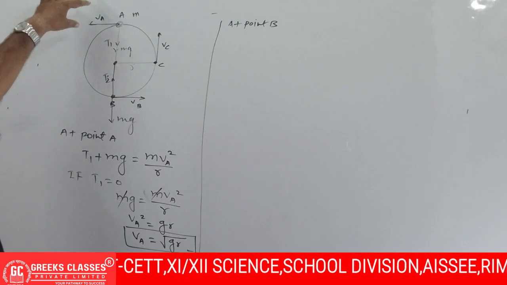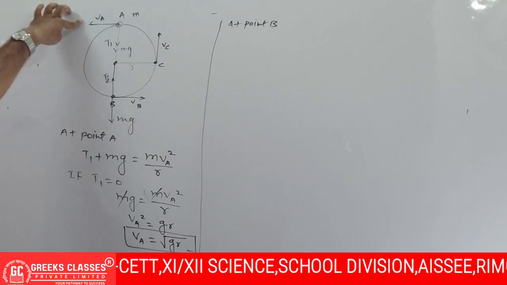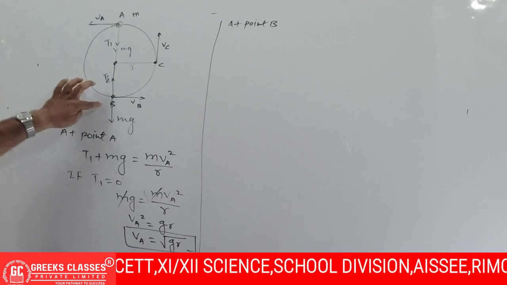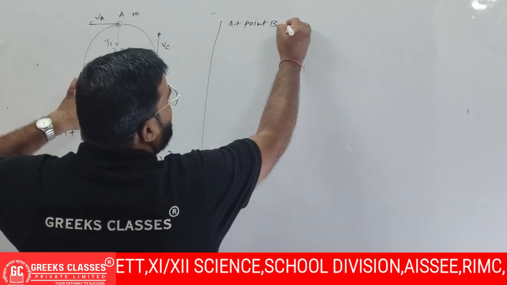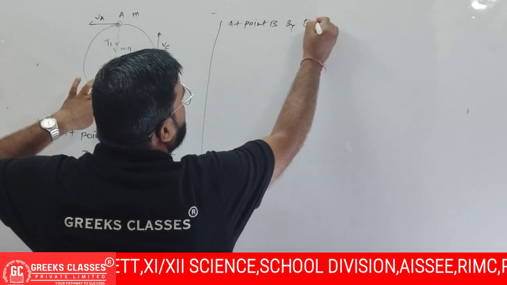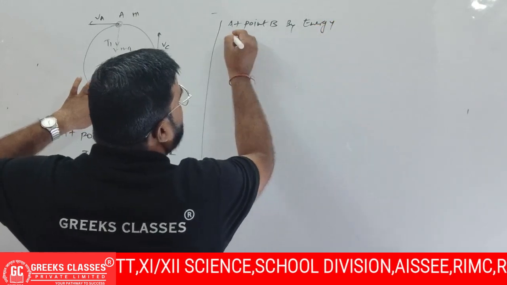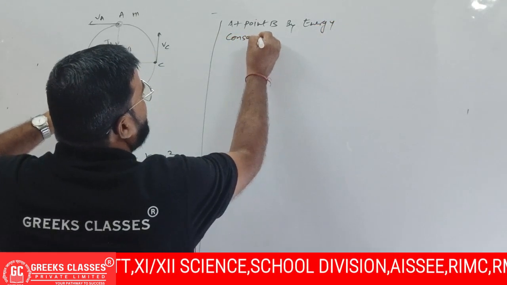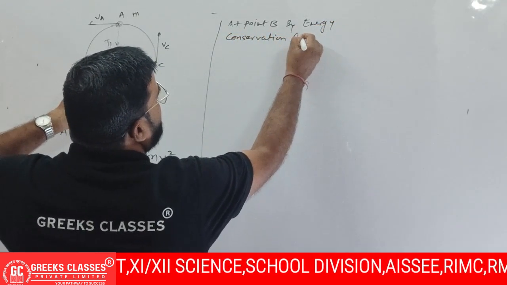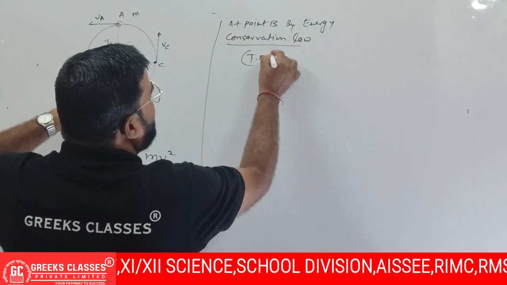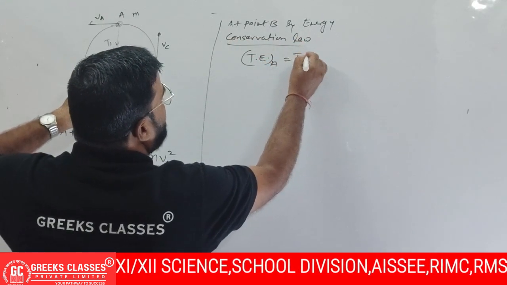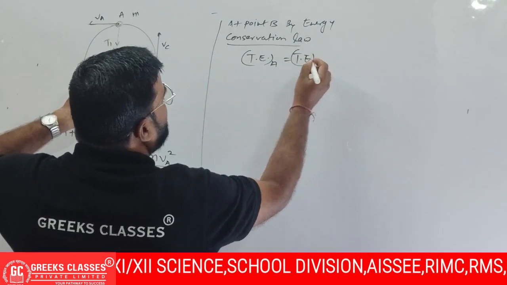So the total energy at point A must be equal to the total energy at point B. So by energy conservation law, total energy at A must be equal to total energy at B.